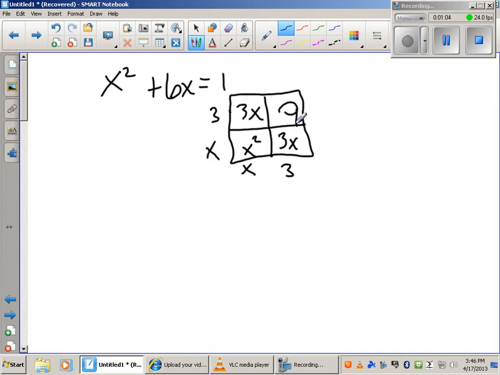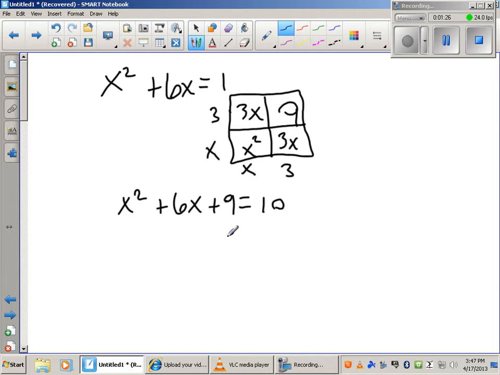So then we take that 9 and we add it to both sides of our equation. So we're left with x squared plus 6x plus 9 equals, and we do 9 plus 1, so we get 10 here.